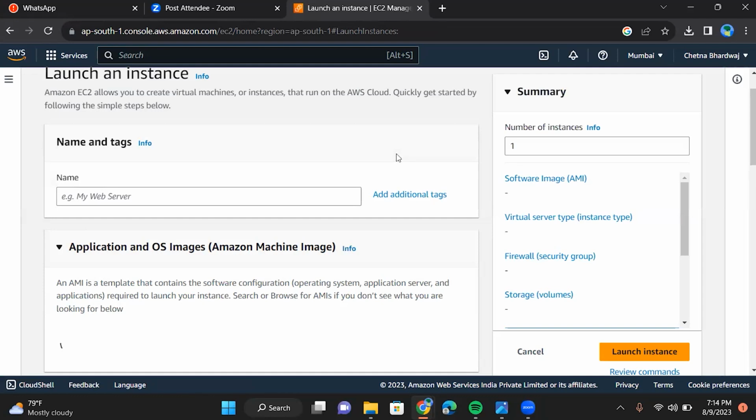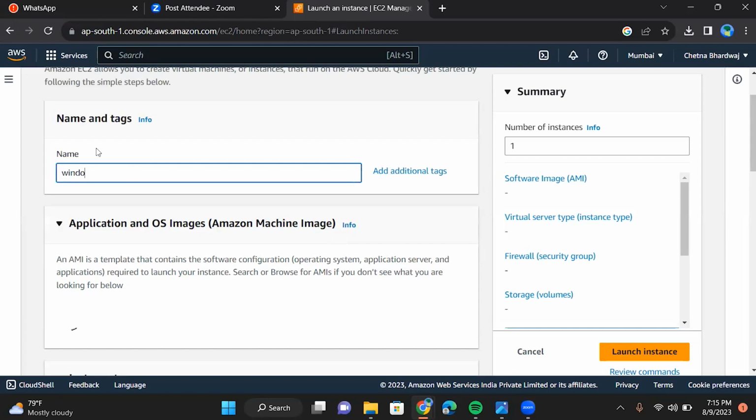First, let's give our instance a name. We will be creating a Windows instance, so let's name it Window 10. From here, we will select the OS image.